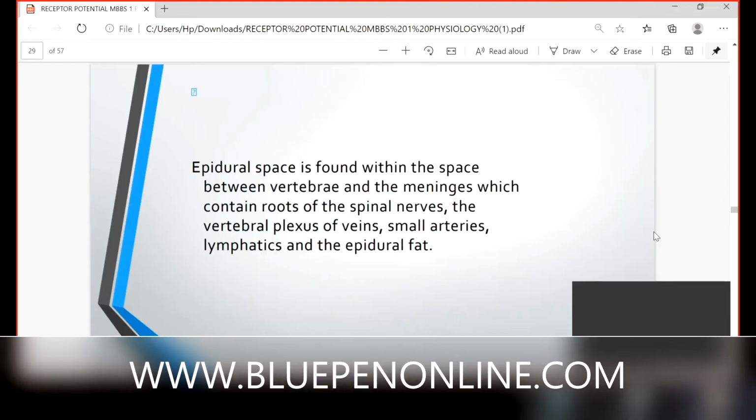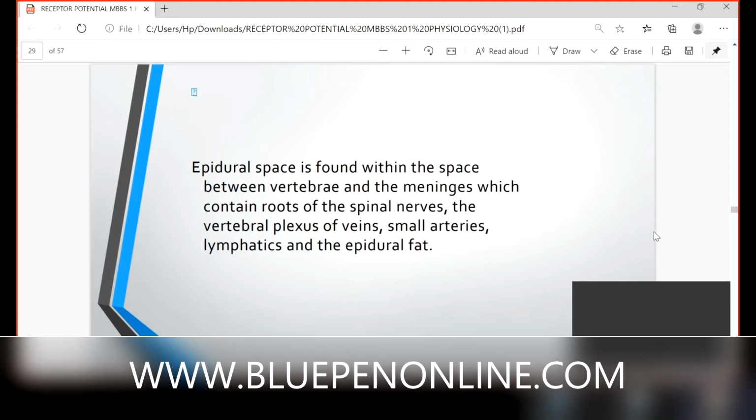Now, the epidural space is the space between the vertebrae and the meninges. The spinal cord is covered with the meninges, so the space between the vertebrae and the meninges is known as the epidural space.